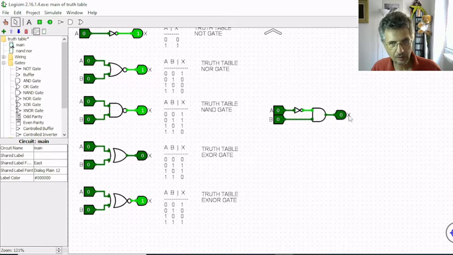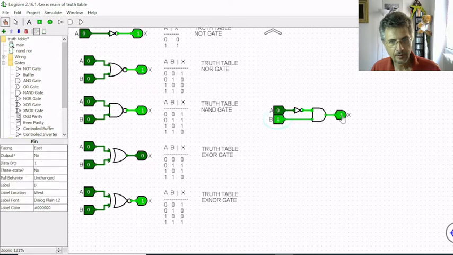So 0, 0 gives 0, 0, 1 gives 1 in output, 1, 0 gives 0, and 1, 1 gives 0. So you can see that there is just one case in which the output is 1, and this particular circuit is different from all the basic gates.